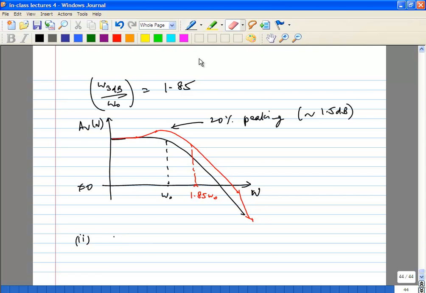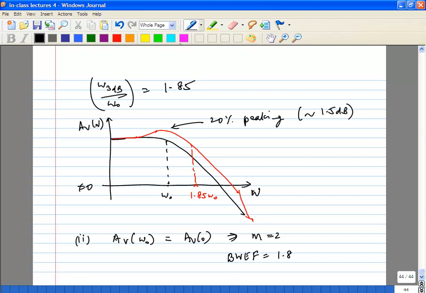If you give this condition, this gives you m equals 2, and your bandwidth extension factor happens to be 1.8, which is pretty good.